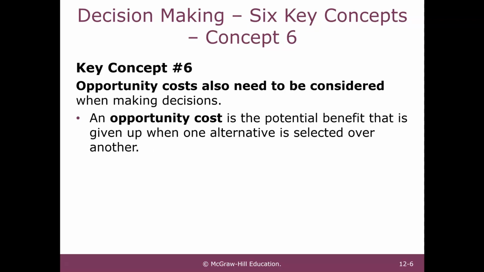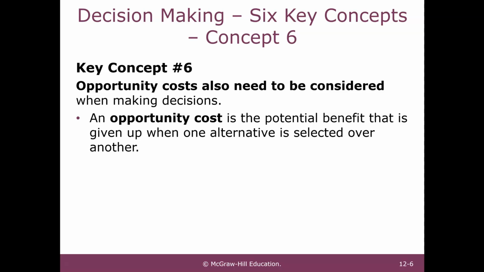And then the last one is opportunity cost. You do want to include opportunity cost. The only problem with that is sometimes it's hard to quantify. An opportunity cost is what you give up to choose one alternative over another.